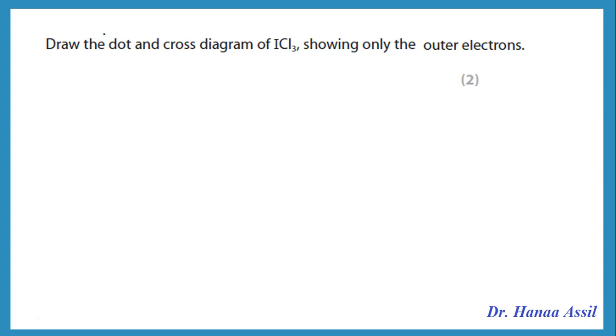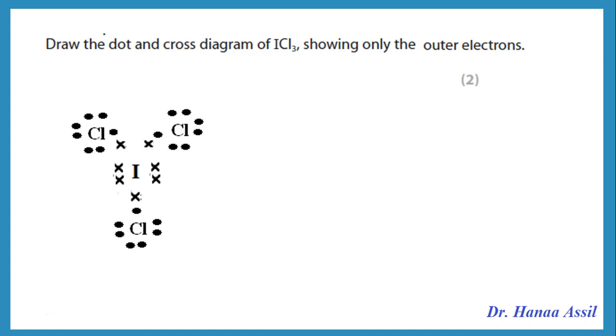Draw the dot and cross diagram for ICl3. How do we draw dot and cross for ICl3? Well, I is going to be in the middle with 3 Cl's around it. Remember, iodine is in group 7, so actually it should need just one more. But this is an exception to the octet rule.